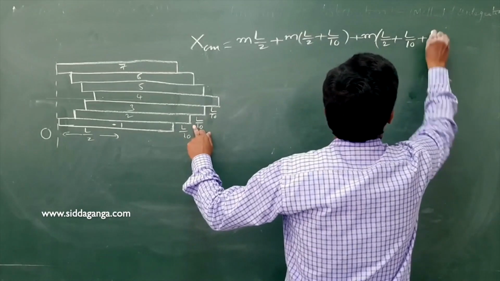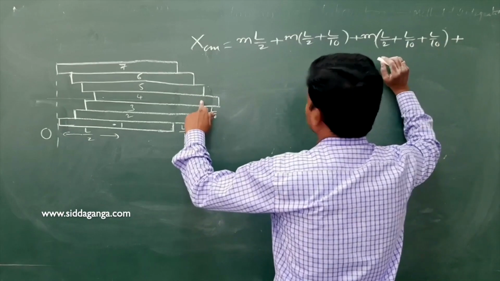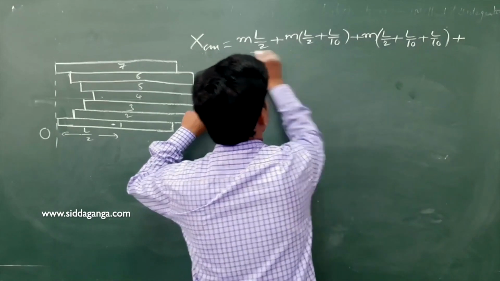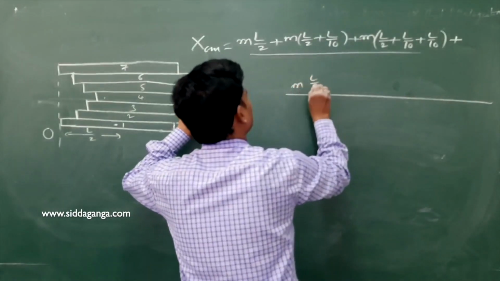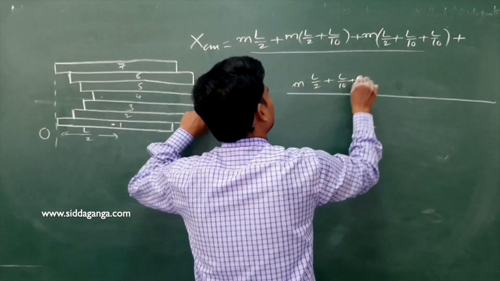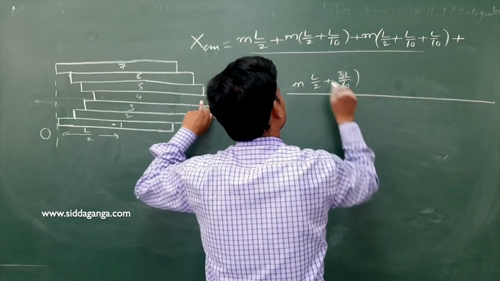Next, third completed, fourth: m into L by 2, L by 10, L by 10, L by 10. Let me write directly 3 L by 10.